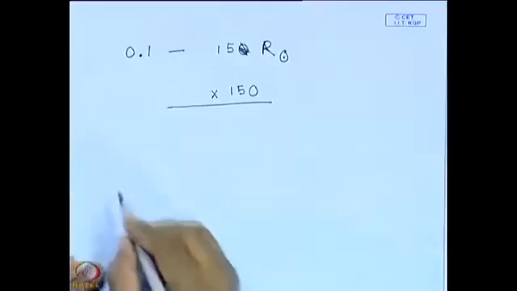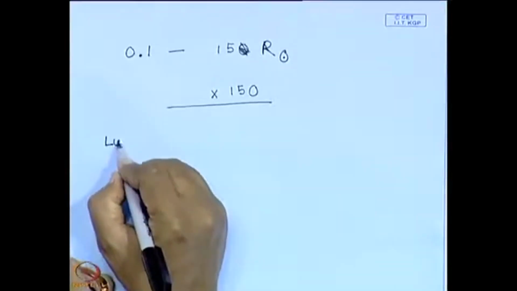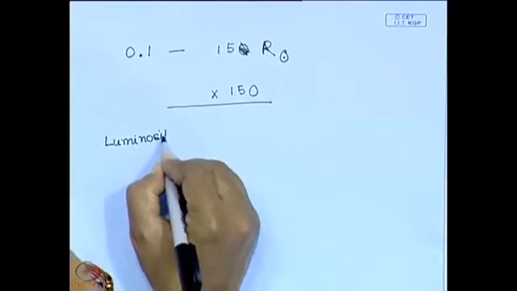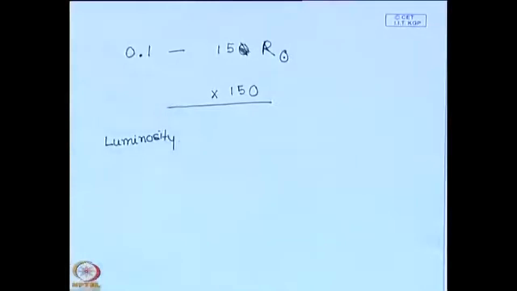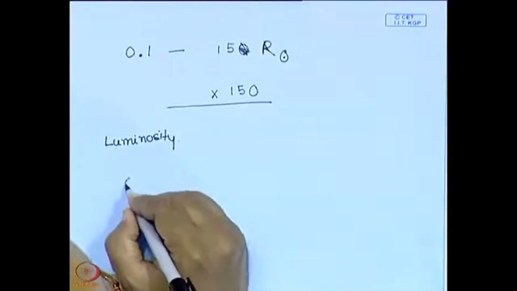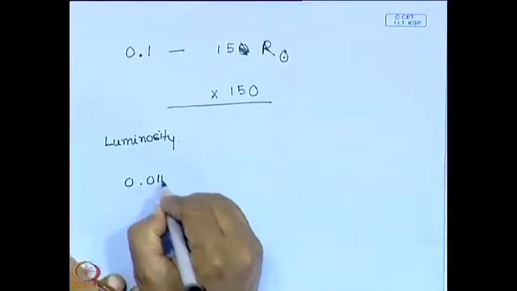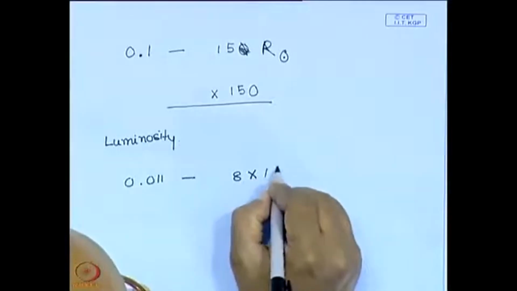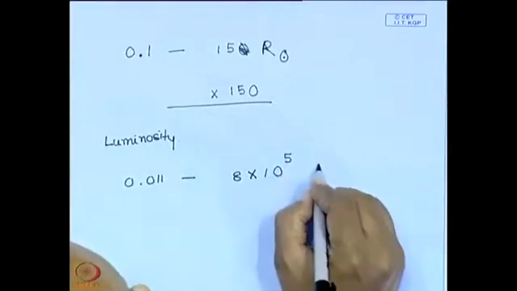But if you look at the luminosity, so you solve the set of 4 equations which we had discussed and look at the luminosity of the star. The luminosities range between 0.011 to 8 times 10 to the power 5 solar luminosity.